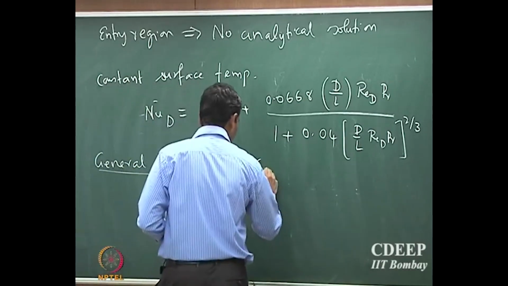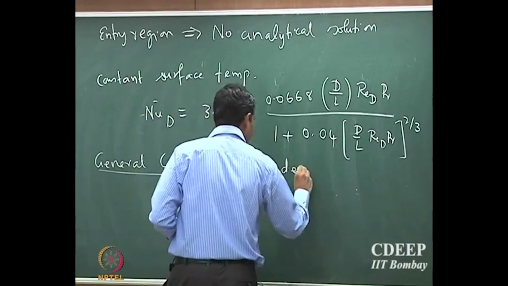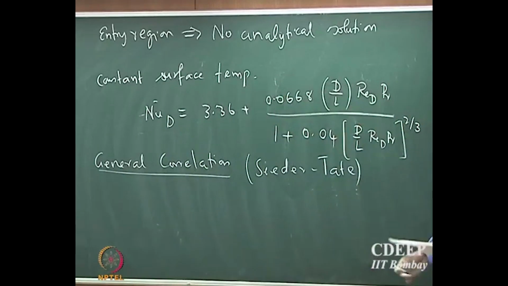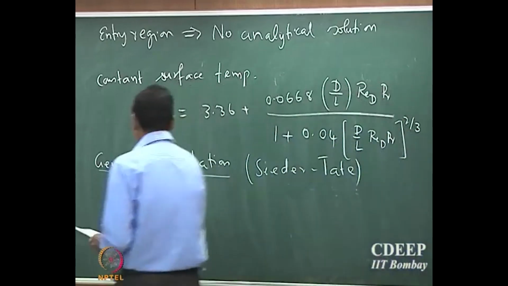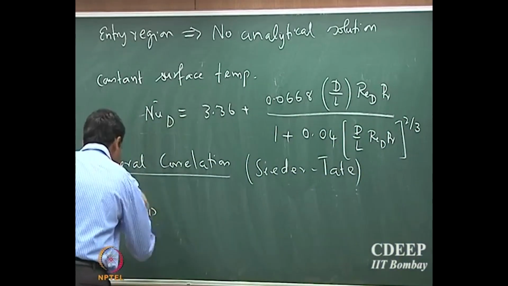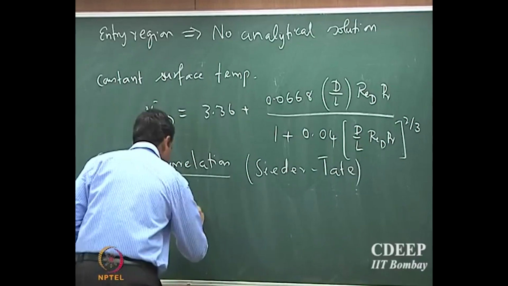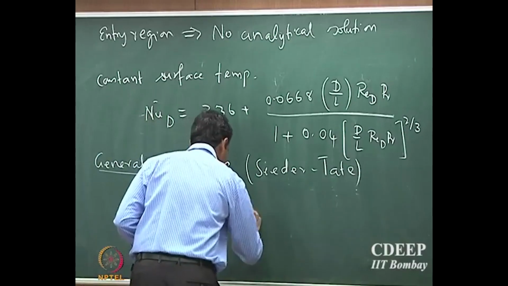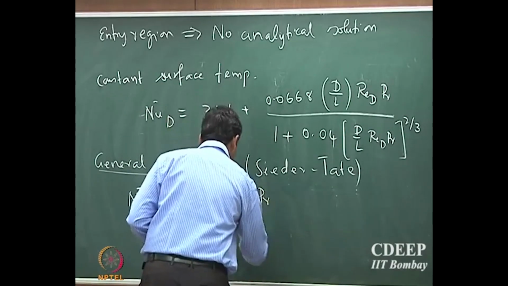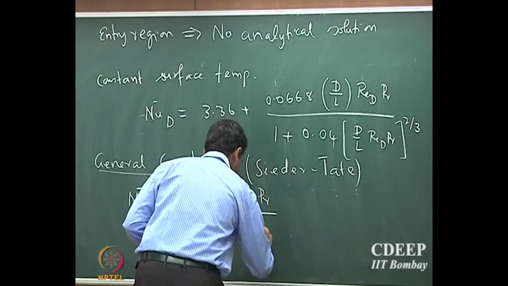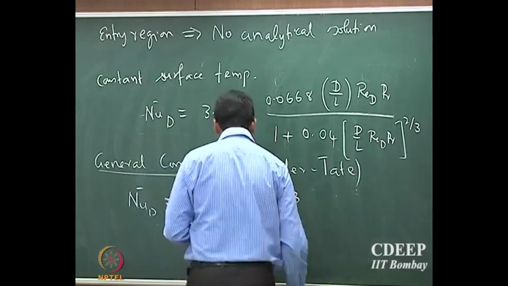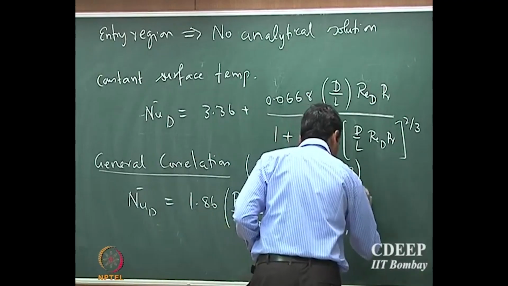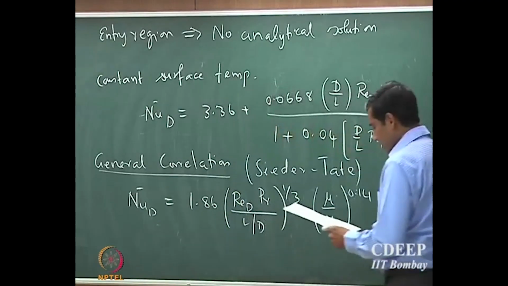It's called the Sieder-Tate equation. Some of you may have already heard this name, Sieder-Tate equation. So, Nusselt number is given by 1.86 times Reynolds number, Prandtl number to the power of 1 by 3, okay.